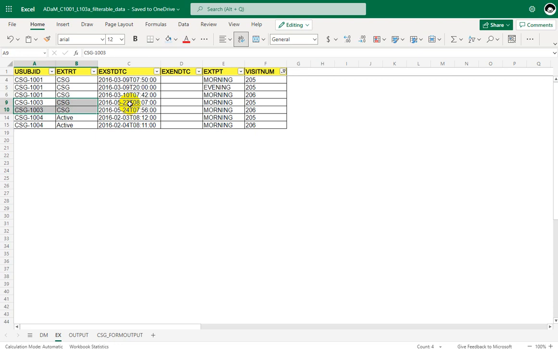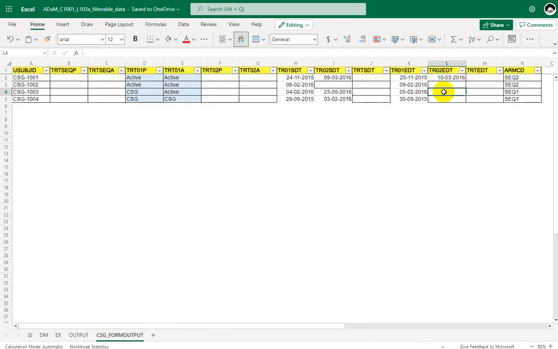There were two records, 23rd May and 24th May. So 24th May is going to be the second period treatment end date for subject 1003. So as the subject did not have a record in exposure for 1002, we will have TR02EDT as null, similar to TR02SDT.